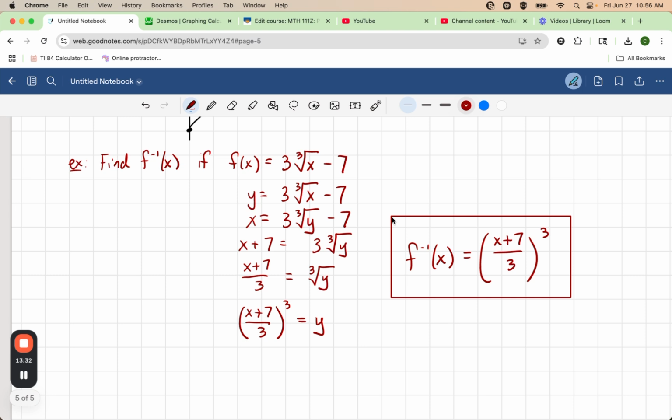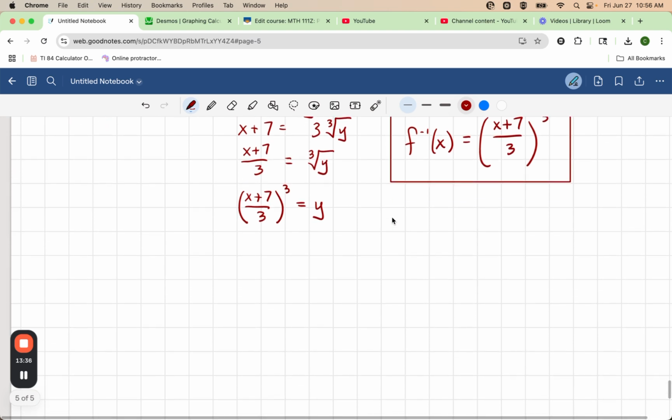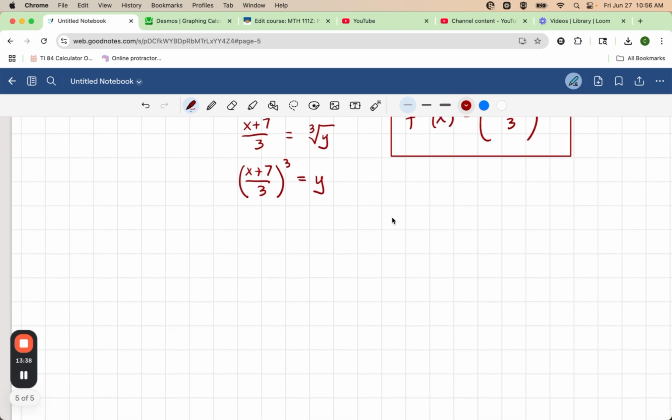Okay, that was a fun one. One more. So let's do one that's a rational function. Now I'm going to find the inverse function to a rational function. We're assuming it's 1 to 1, so I don't have to worry about checking that. All right, so find f inverse of x for f of x equals 7x over (x plus 3).